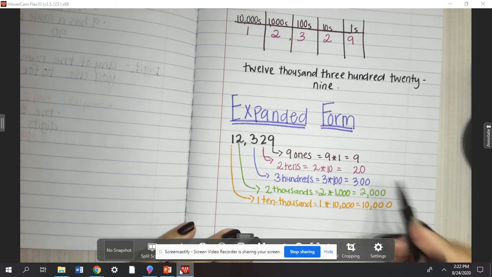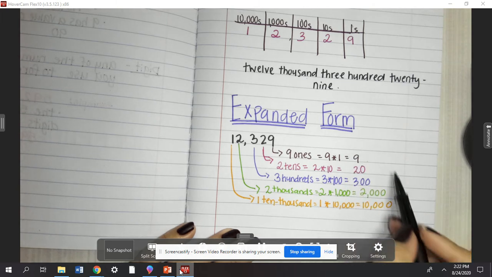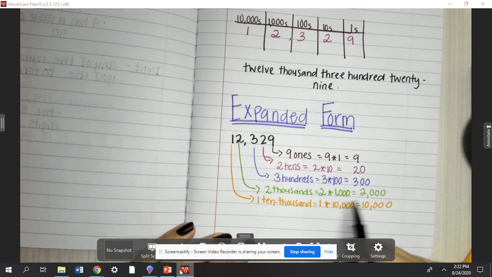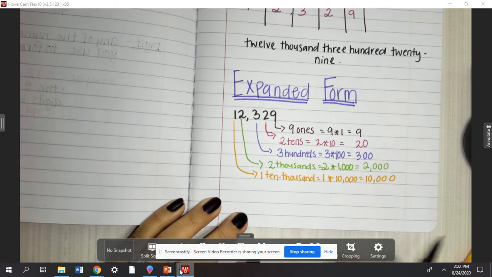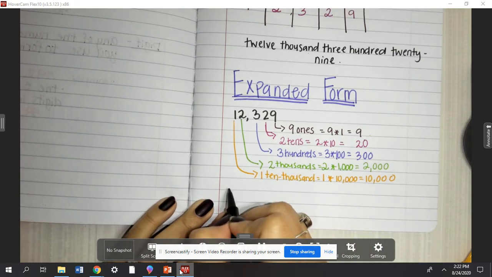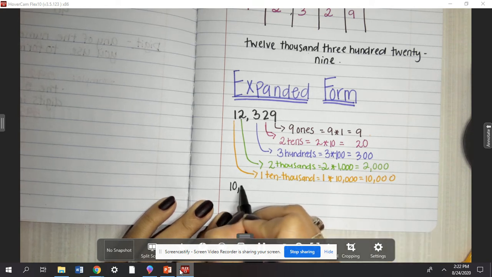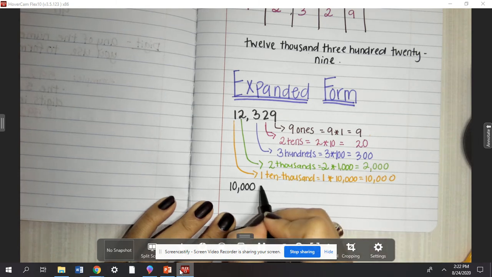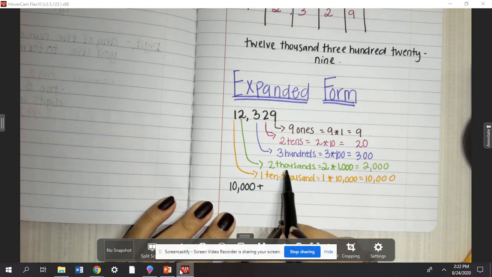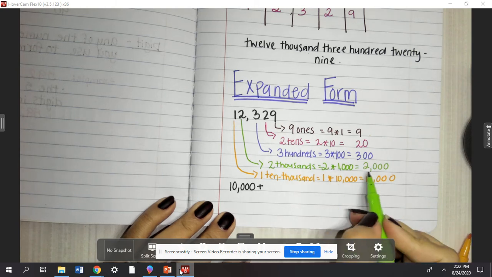I'm going to take the sum of all of the values of the digits that I have here and write it out so I can find the sum. I'm going to start with the big number first. If I have 1 10,000, I have 10,000, right? That's the value I have, plus I'm going to go to the thousands place. How many of those did I have?